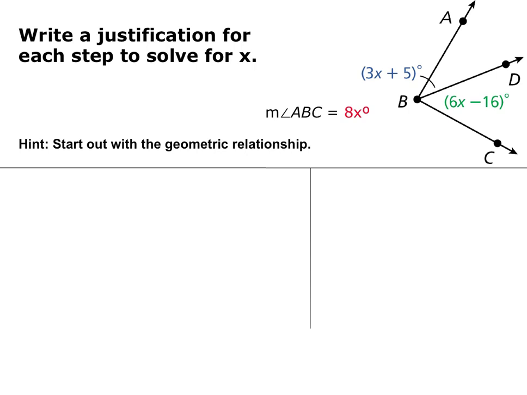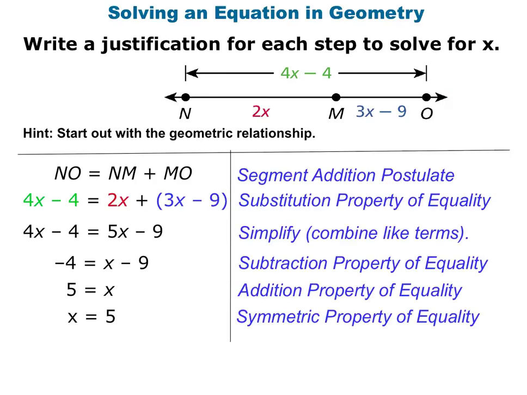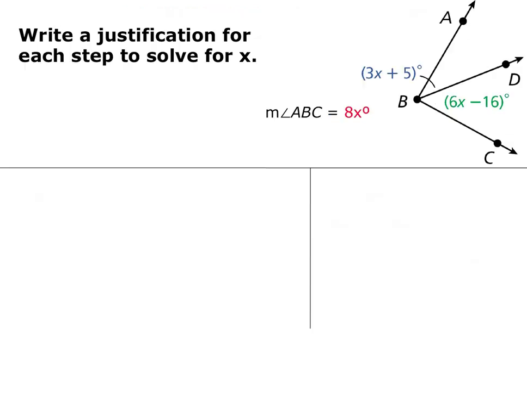On the right hand side, the first line in that last example? Segment addition postulate? Can you do segment addition postulate on the example that we're on now? Are there segments there that you want to add together? No. They are angles. How about you look at the angle addition postulate?